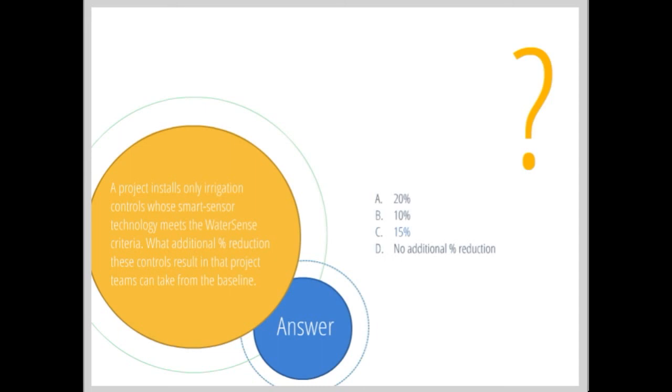The correct answer is C, 15%. As noted earlier, projects should count only irrigation controls whose smart sensor technology meets the WaterSense criteria. These controls result in an additional 15% reduction that project teams can take from the baseline.